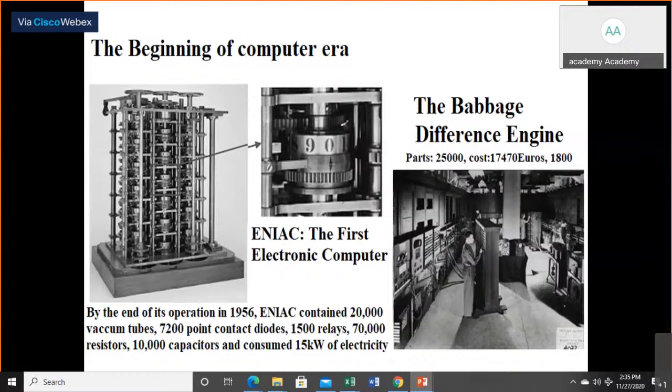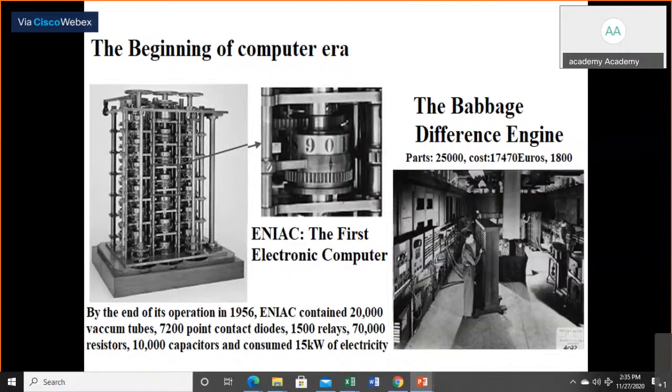If you compare with today's generation, everyone is using a mobile phone containing a very strong processor. If you compare with the first electronic computer, you realize how difficult it was at that time, but nowadays it is very easy, and we are using i9 and i7 processors in our computer systems.